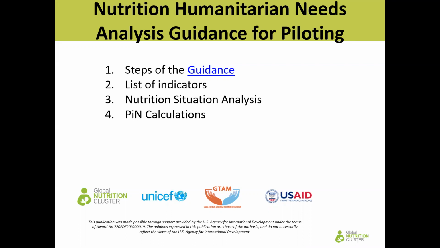Already in terms of the indicators, as Marcus highlighted, this year the JIAF guidance is focusing much more on the indicators and the raw data. And we'll be seeing that the indicators provided in this guidance are entirely aligned with those that are looking to be contributed from the nutrition colleagues for the JIAF intersectoral analysis. So I'll get into that in a bit more detail in the coming slides.